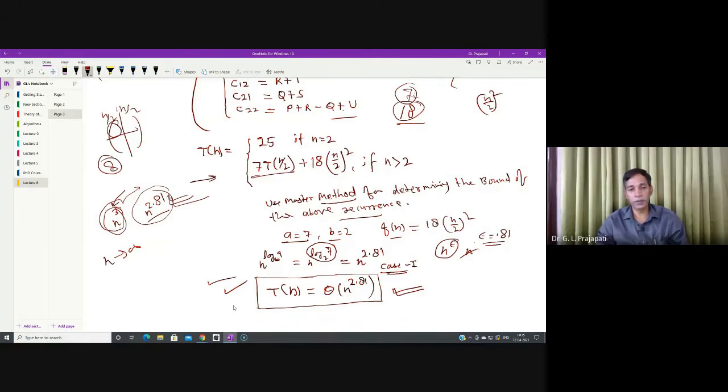This is the way you can multiply two matrices of size n by n with different techniques. If you go for the brute force method, it requires theta of n cubed time.